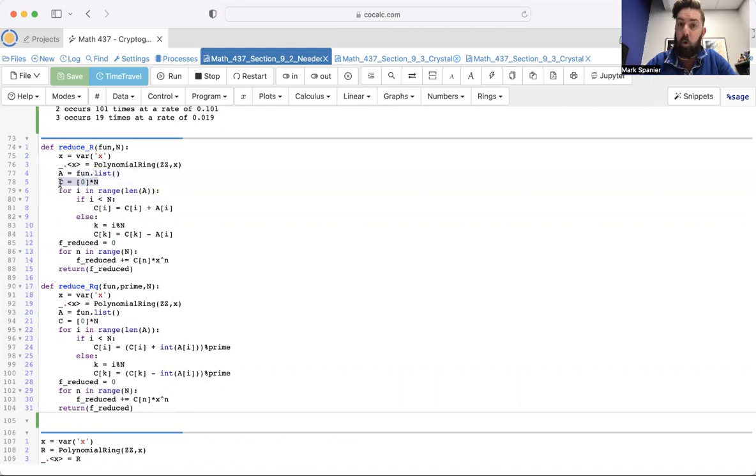C is going to be my new polynomial, essentially my reduced one, stored as a list, so entries from 0 up through n-1. So it's going to be n entries in that thing. As it goes through this list A, it's going to grab the ith entry from it, which is the x to the i term, and it's going to add that to whatever lives in the c_i slot right away.